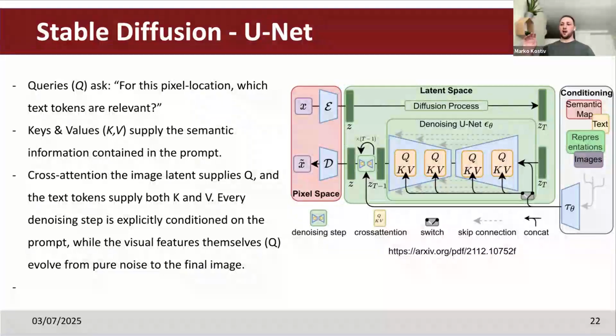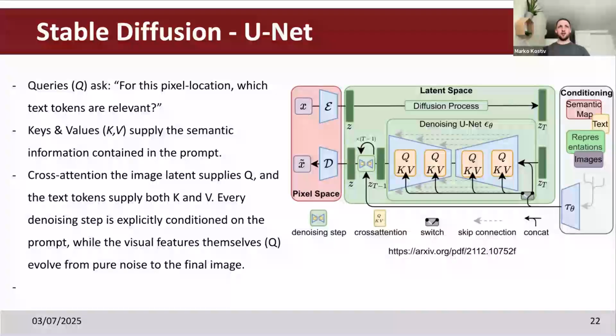If I say I want the nice looking tree in the right top corner of an image, what are the pixels in this latent that correspond to the right top corner of the image? What are they relevant to? And keys and values supply semantic information from the prompt that you embedded from the CLIP.